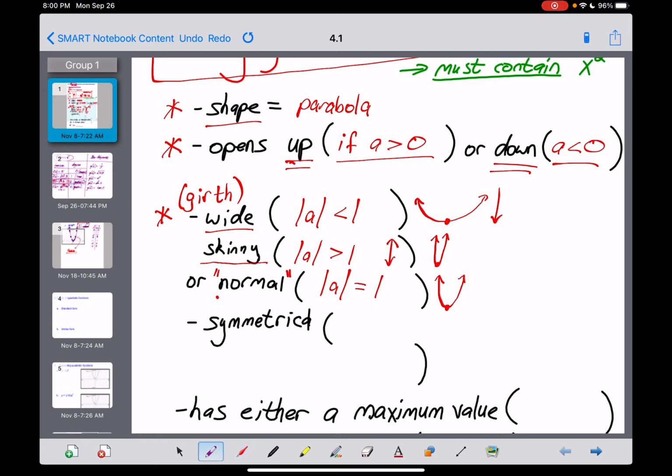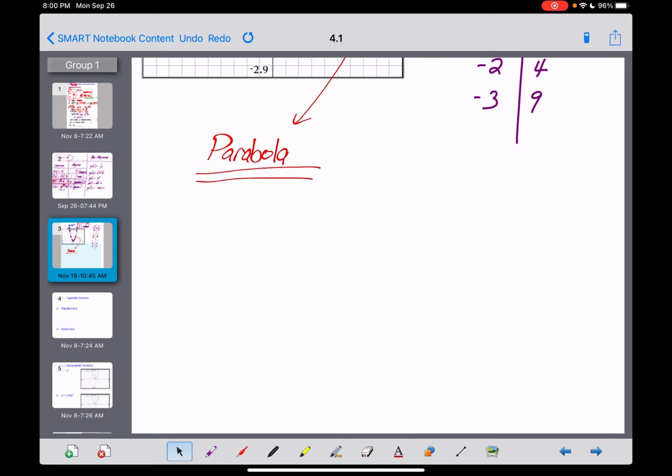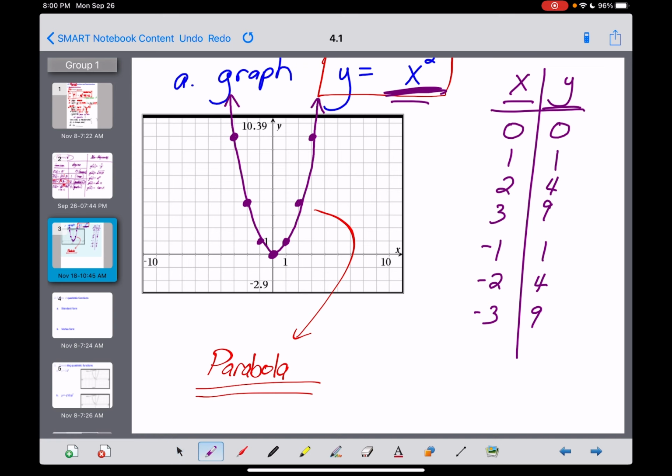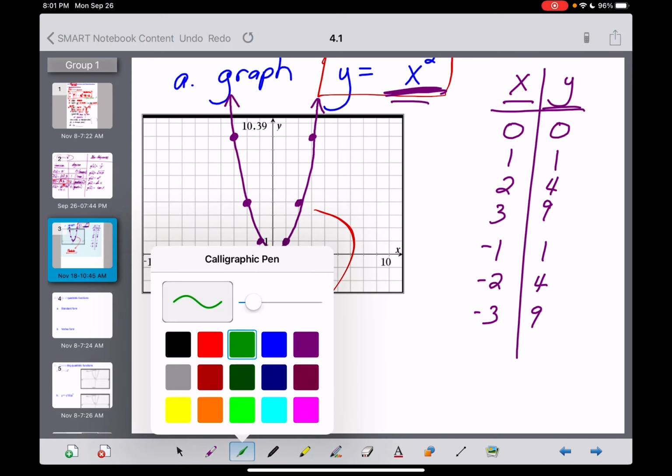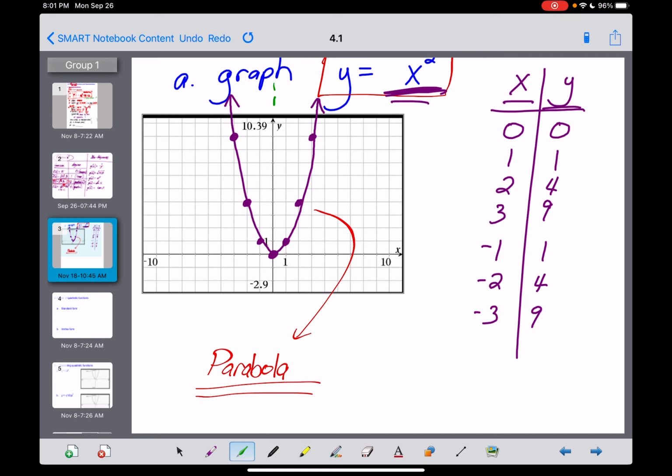Okay. Despite my very bad writing, what I tried to write here is that every particular graph of a parabola here is symmetrical. And it's got symmetry about, this is a really dumb thing to say, about its axis of symmetry. So think about how obvious that is. It is symmetrical about its axis of symmetry. If I go back to this graph that we had just a second ago here, guys, the line of symmetry of this graph would be this vertical line that goes right down the middle that you could fold this thing down and the left and the right side should match up perfectly if we drew this correctly.